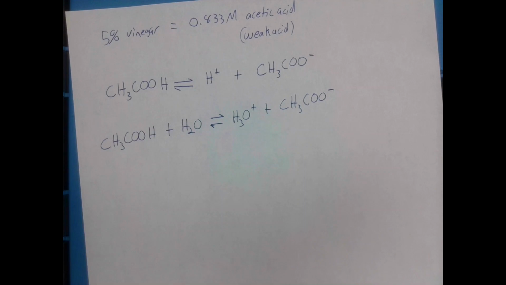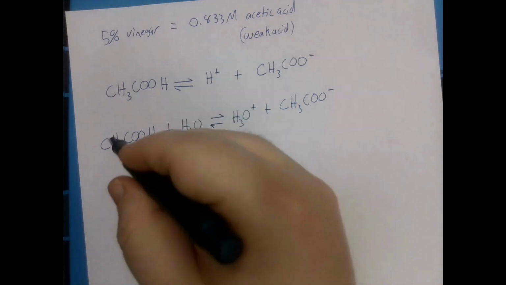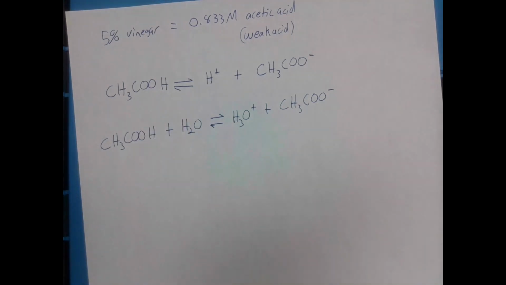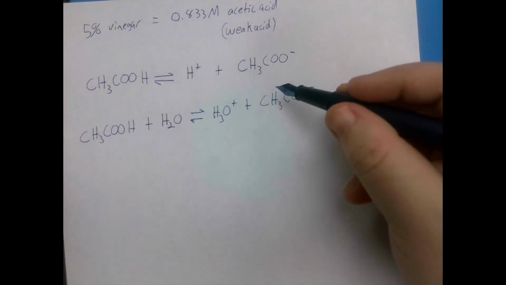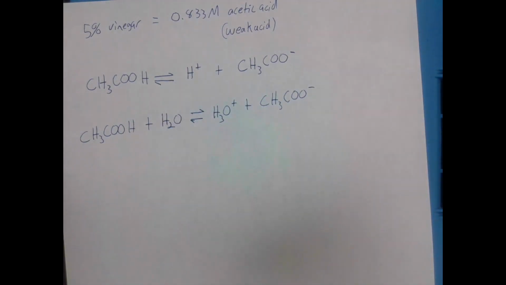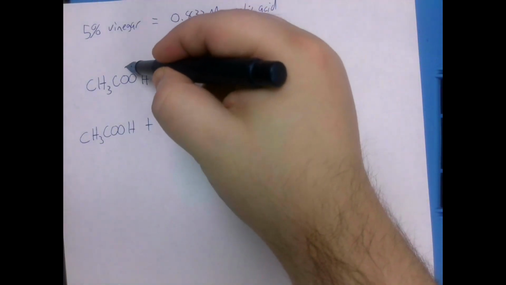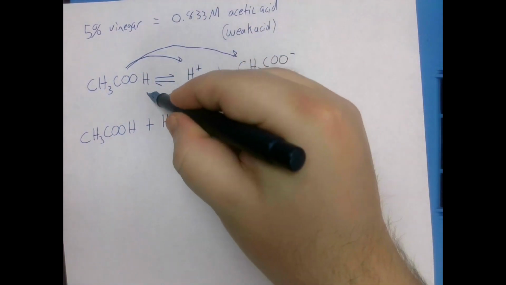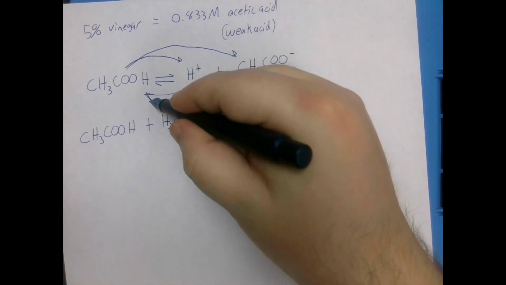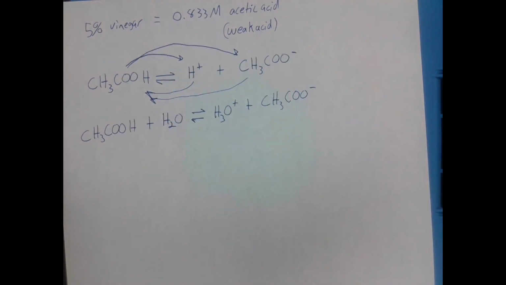When you put acetic acid into water, initially they're all acetic acid molecules. Over time, some of them are going to break apart into ions. Some of them are going to recombine back into acetic acid molecules. So some of the time this will break apart into ions, and some of the time they're going to recombine together into molecules.